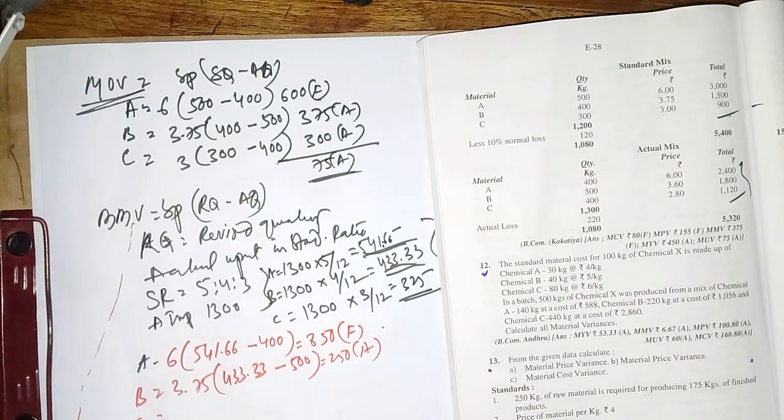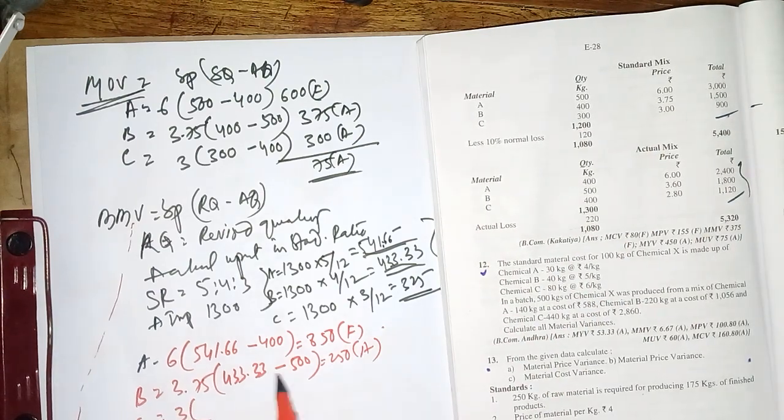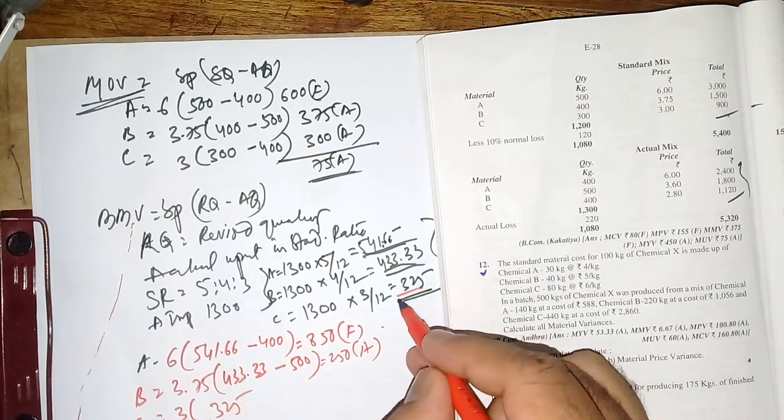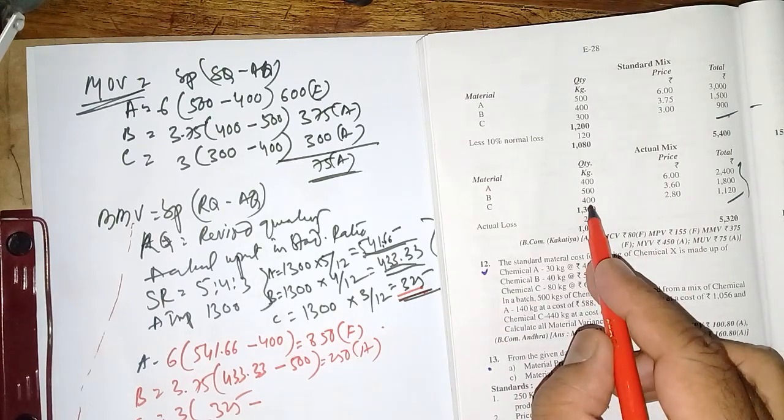And then C is equals to what is the standard price is 3 multiplied with RQ, we have already got 325 here, we calculated here 325 minus actual quantity is 400.